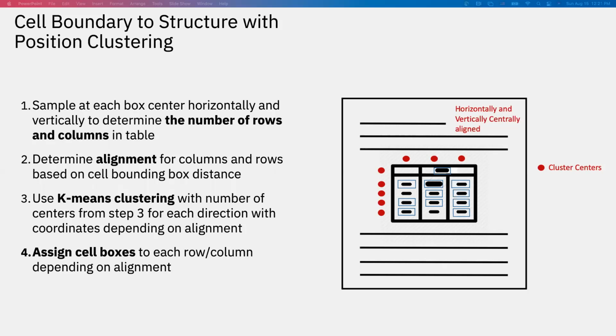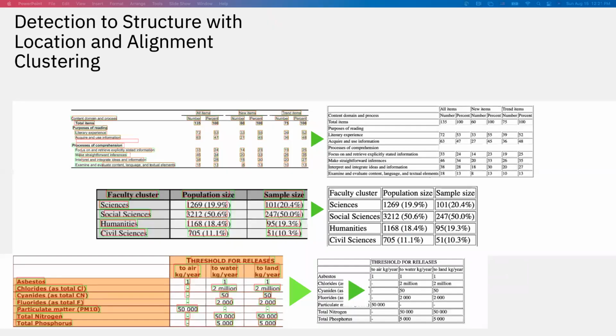Then we do k-means clustering with the number of centers from steps 1 and 2 in each direction, with coordinates depending on alignment, and finally we assign cell boxes to each row and column depending on alignment. Here are some example results. You can see that we are able to handle very complex structures where there is, like, a nested header here, and the same here.